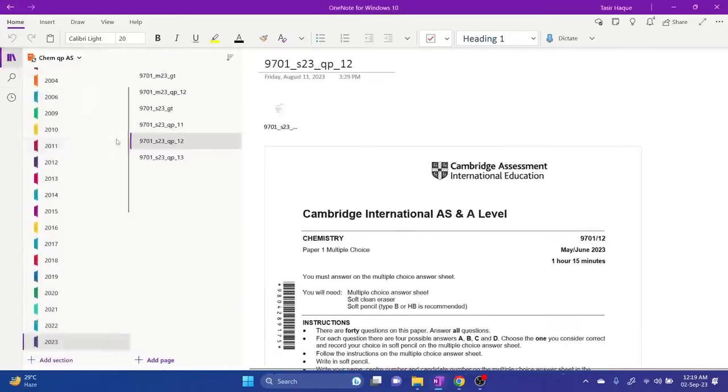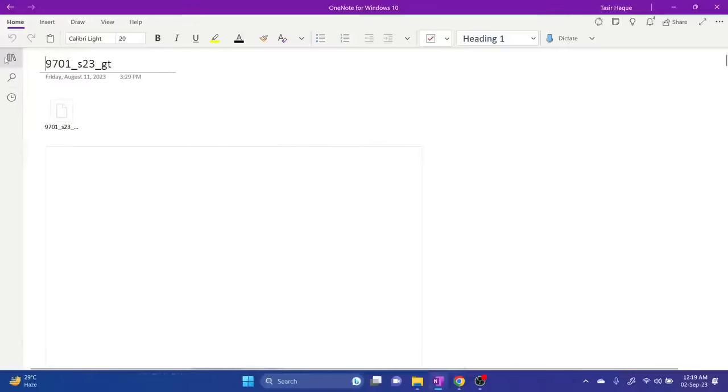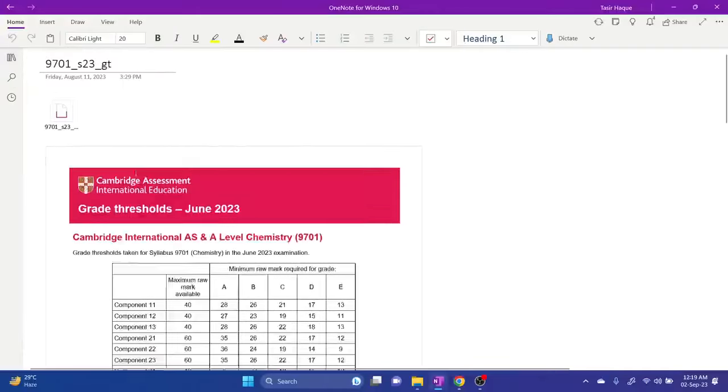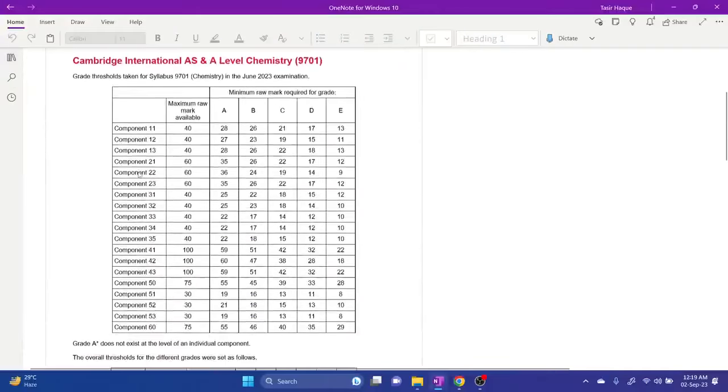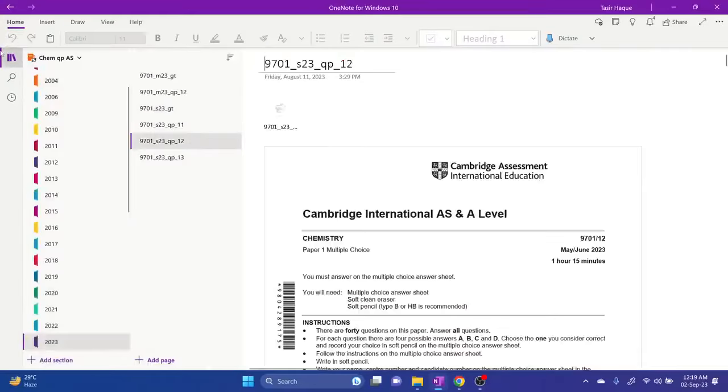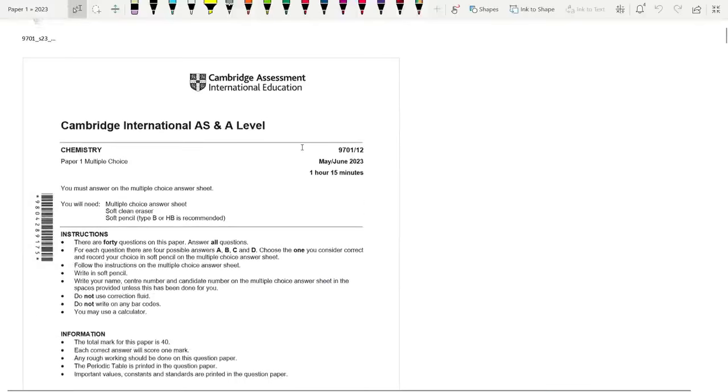Before we start, let's take a look at the threshold. For paper 1, 2, it was quite hard. The full mark is 40.